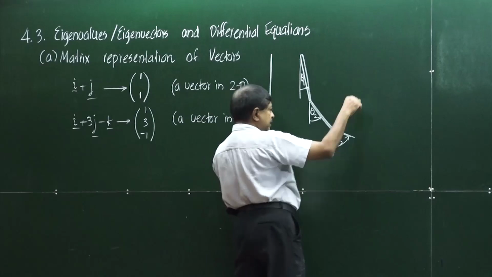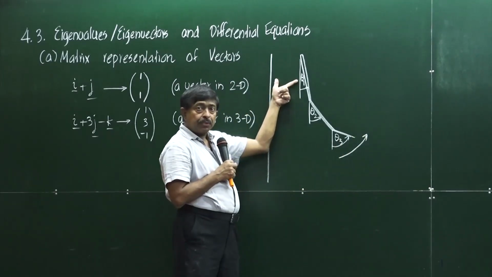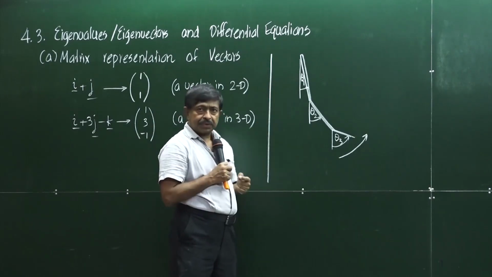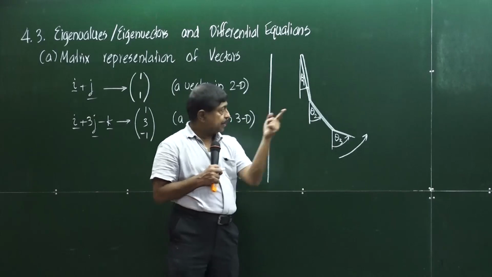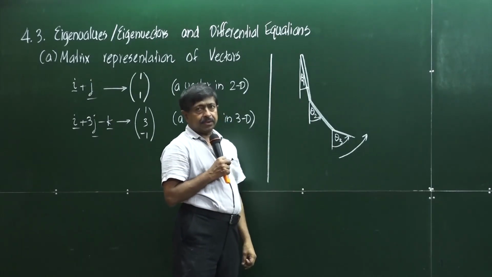Since it is in motion, you have to tell something about their angular velocities, like theta 1 dot, theta 2 dot, as well as theta 3 dot.